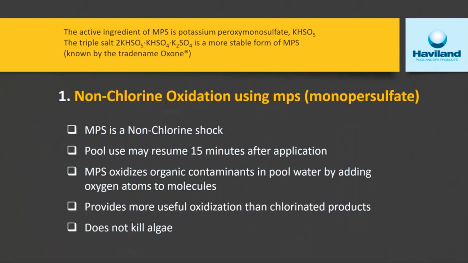It also helps to break apart things: as chlorine's working, some of that chlorine gets tied up with other stuff in the water. We call those things chloramines. We'll get to that in a second. Non-chlorinated shock is the best product to use to break that stuff up.